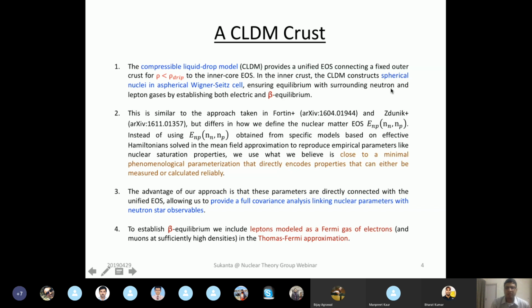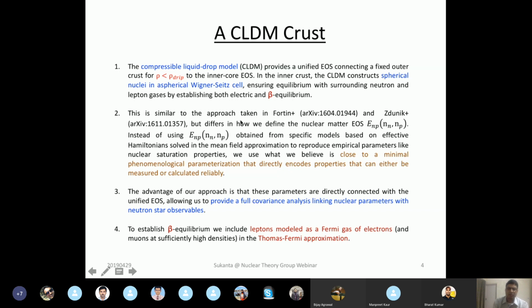In the inner crust, the compressible liquid drop model, as perhaps is well known to most of the audience here, basically nuclear physicists, constructs spherical nuclei in spherical Wigner-Seitz cells, ensuring equilibrium with surrounding neutron and lepton gases by establishing both electric and beta equilibrium.